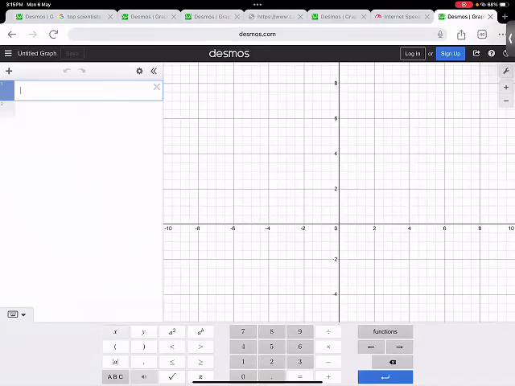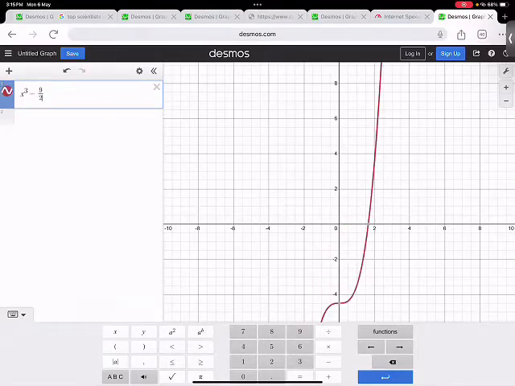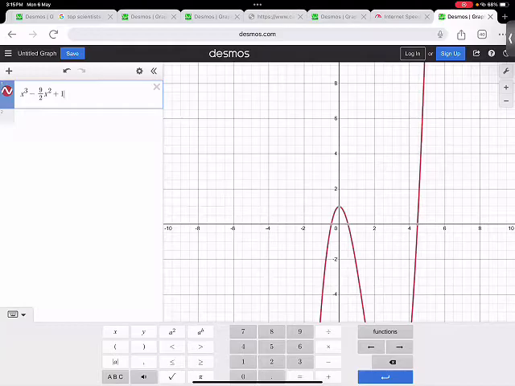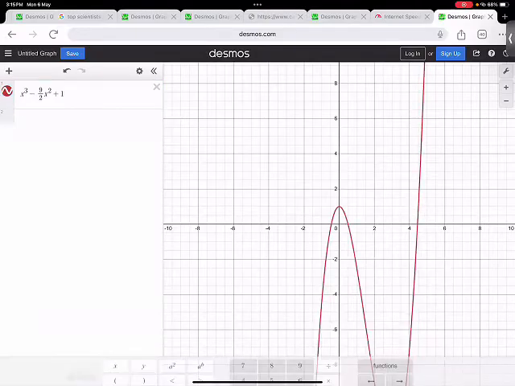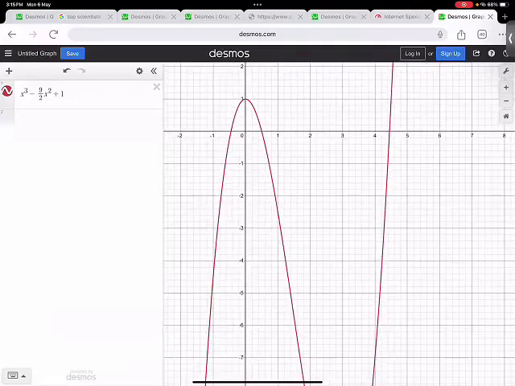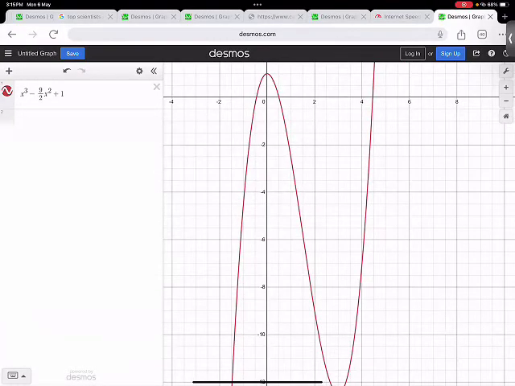So I type x to the power 3, negative 9 divided by 2 times x squared, plus 1. You see, students, this is my graph, and let me show you the concept of what he talks about.